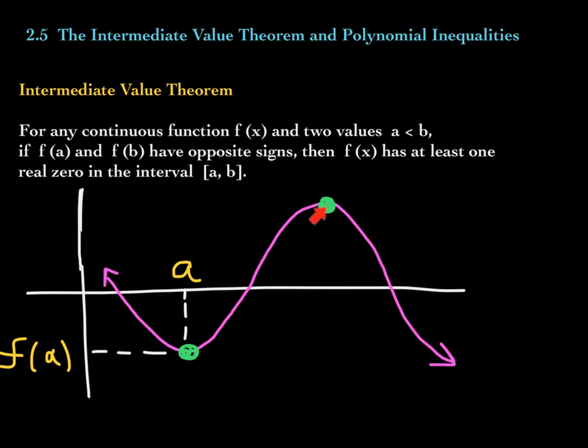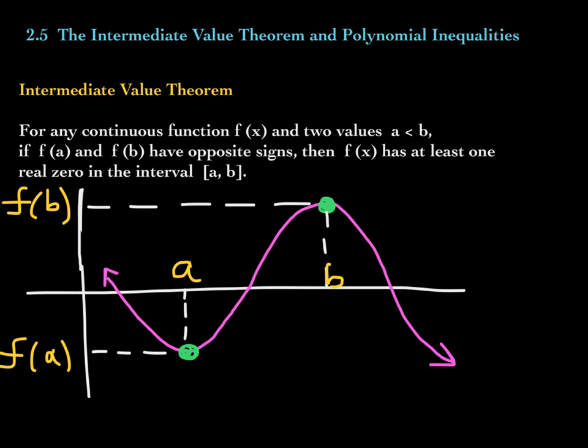This second point corresponds to a value on the x-axis that I'm going to call b, which just means it corresponds to the function value on the y-axis, known as f of b.